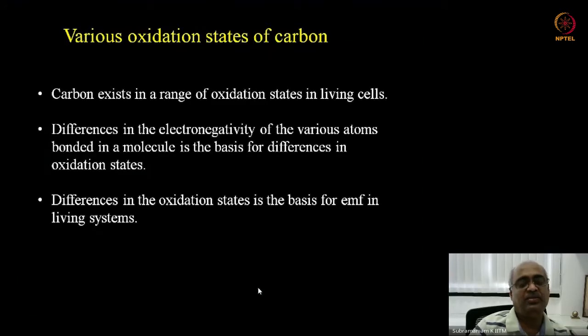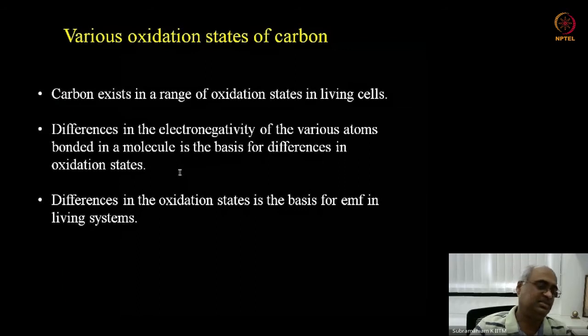So before we move further, we are going to look at the carbon's oxidation state once more. We have already paid attention to this at the very beginning, when we considered five kinds of reactions. In one of them, in the oxidation reduction, we looked at how carbon has multiple oxidation states. We will revisit that once more in the next slide. Then differences in the electronegativity of various atoms bonded in a molecule is the basis for oxidation state difference.